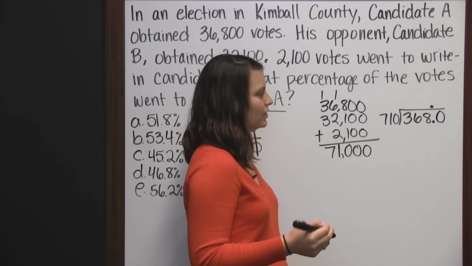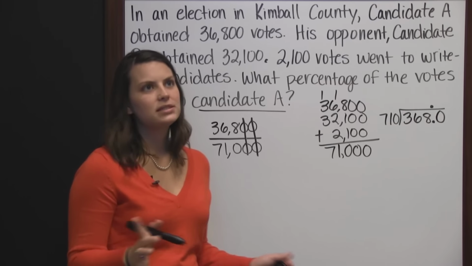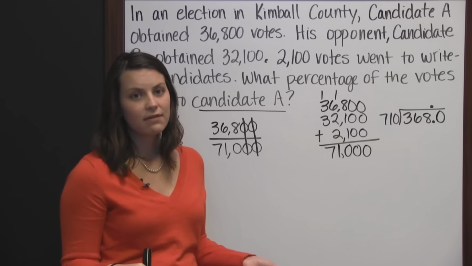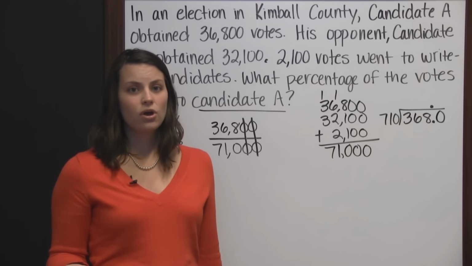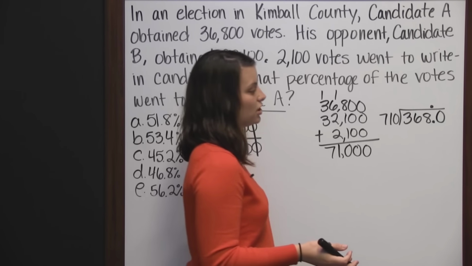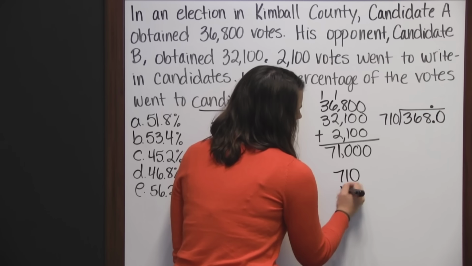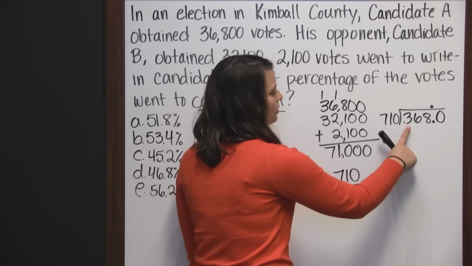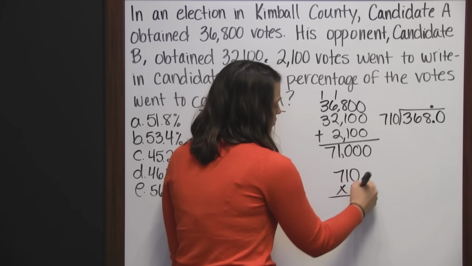And now I can divide 710 into 3,680. So I can use compatible numbers here, and 710 is very close to 700. 700 times 5 would be 3,500. So I'm thinking 710 is going to go about 5 times into 3,680. So let me multiply this.